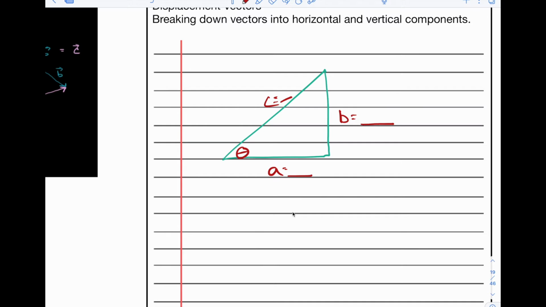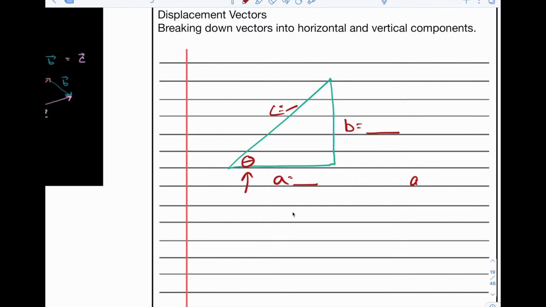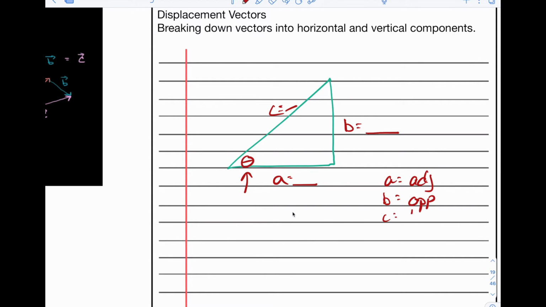If you want to find the angle, you would do some math with A, B, or C. We know that A is called adjacent, B is called opposite, and C is called hypotenuse, because we're doing everything from this perspective.